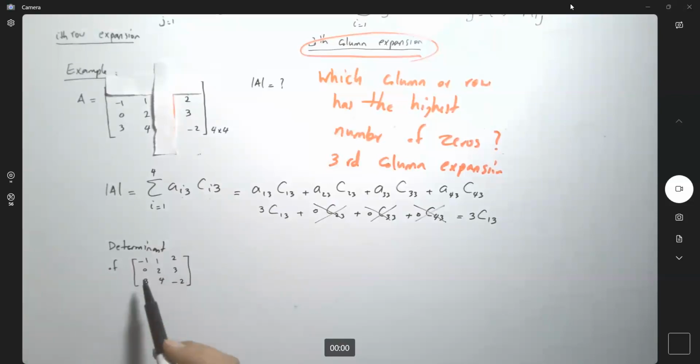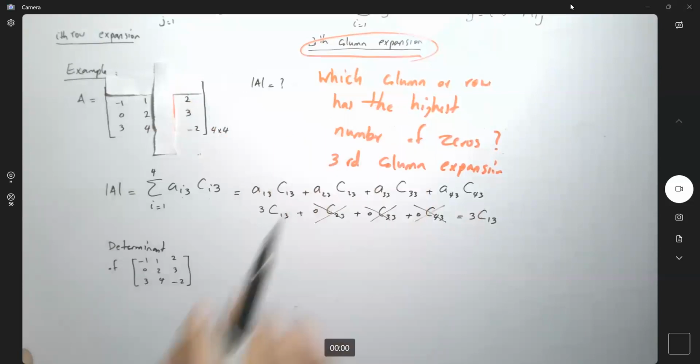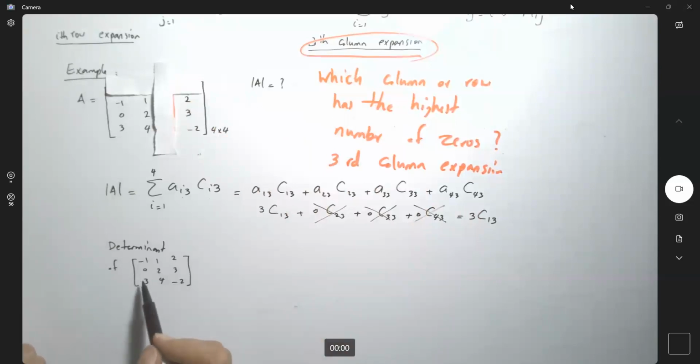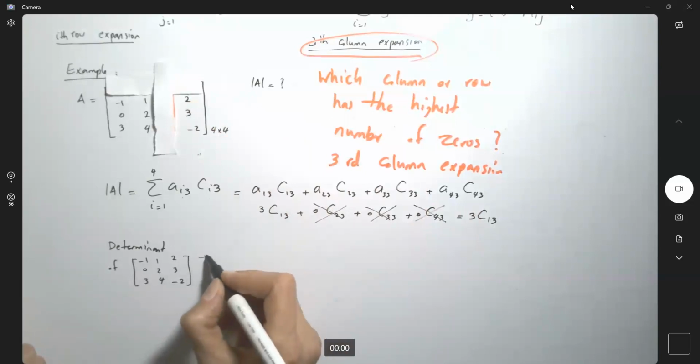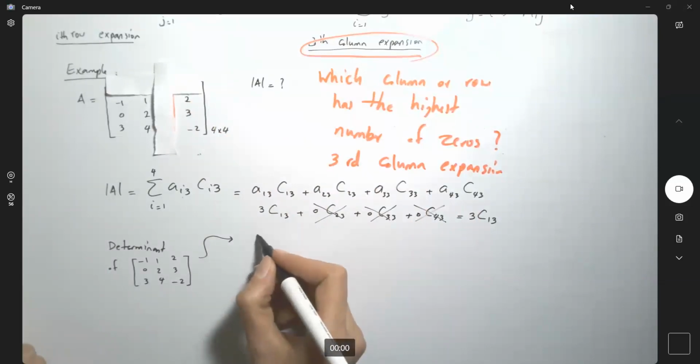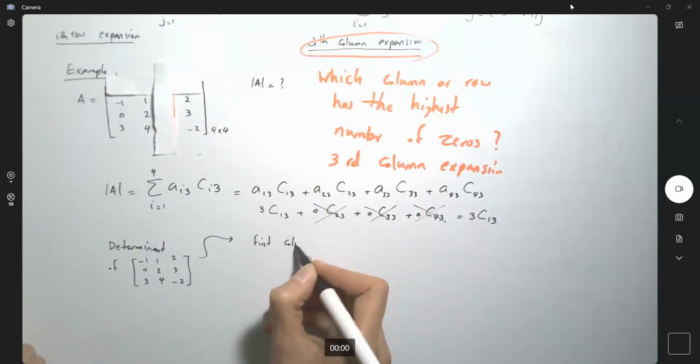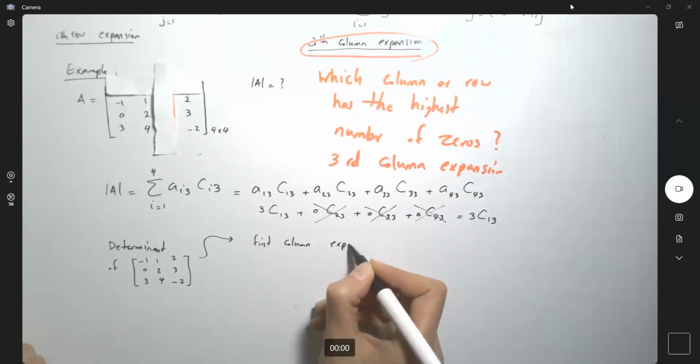Well, you can again do the exact same process, expanding with respect to one of the rows or one of the columns. Here, your first column has the highest number of 0s. First column expansion.